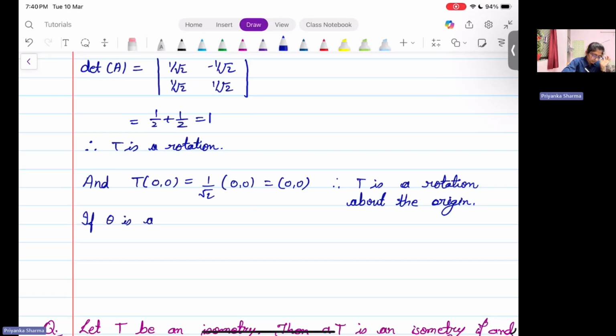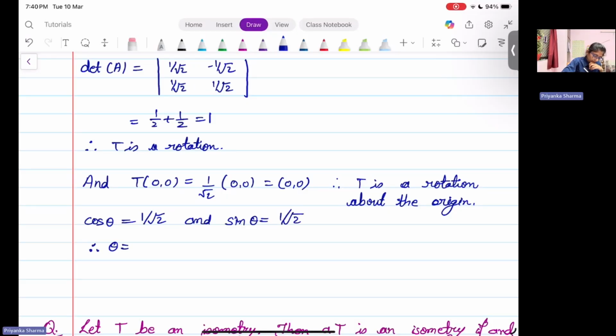Cos theta is 1 by root 2 and sin theta is 1 by root 2.